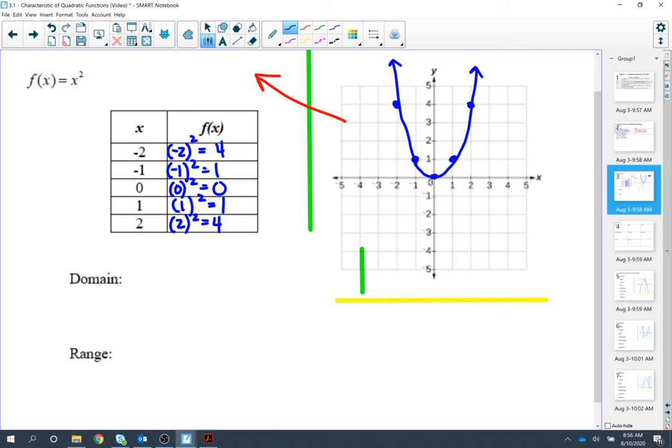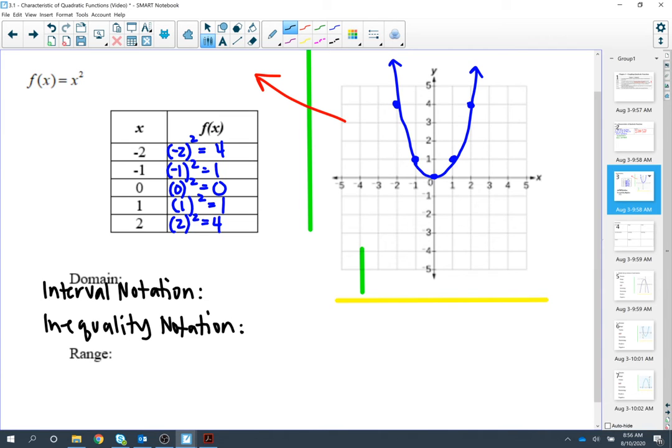We're going to have interval notation, and then we're going to have inequality notation. And you're going to be responsible for both, although I'm pretty sure your book uses this one. Okay, but most math teachers use this one, which is why I'm going to make you responsible for both.